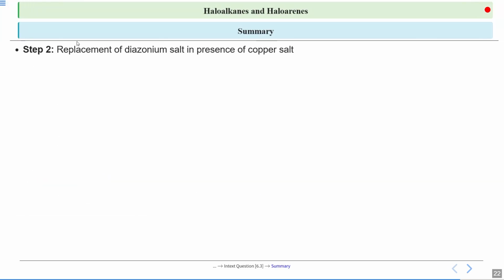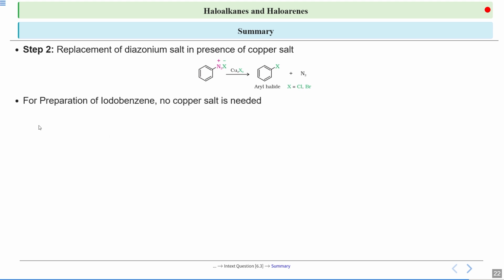Then step 2 of this method is replacement of the diazonium group in the presence of a copper salt. You take this diazonium salt and react it with copper halide, where the halide ion is chloride or bromide. You will get, respectively, aryl chloride or aryl bromide as the major product, plus N2 gas released from the reaction.